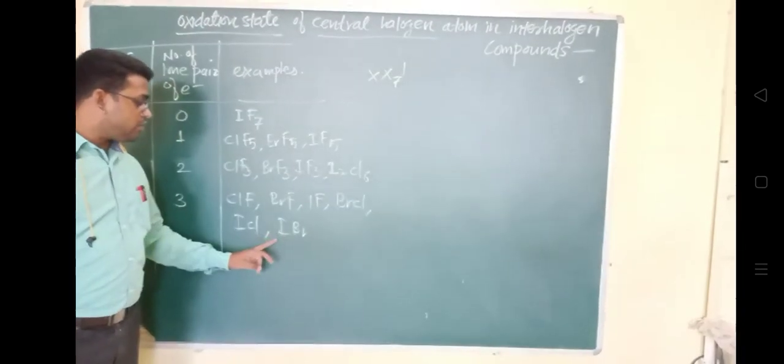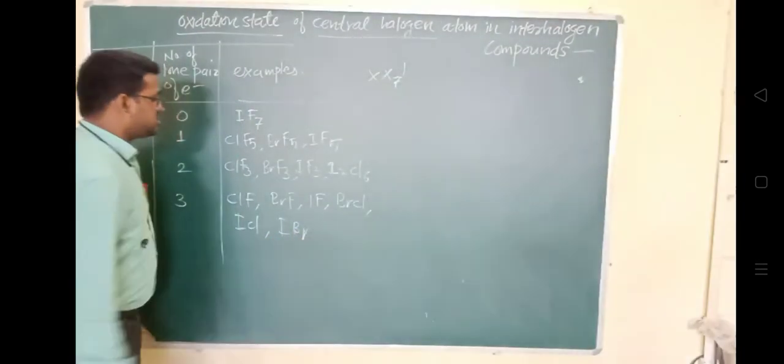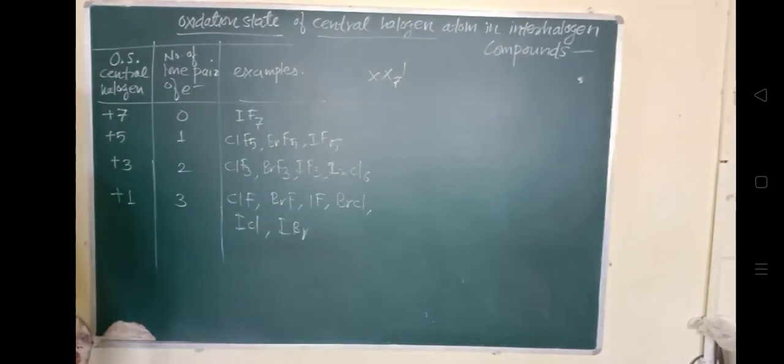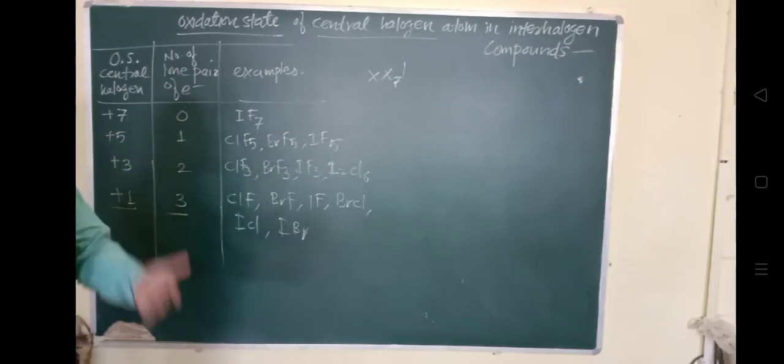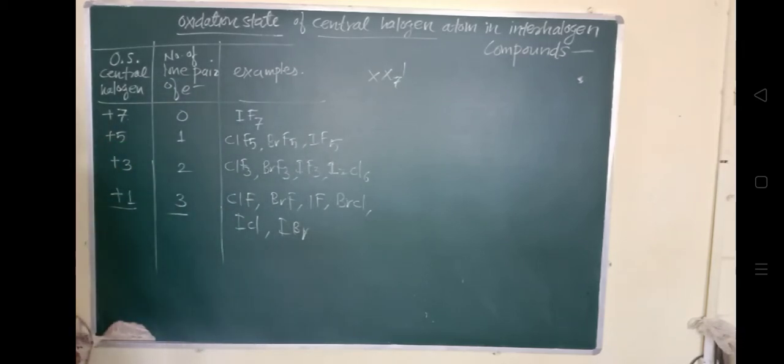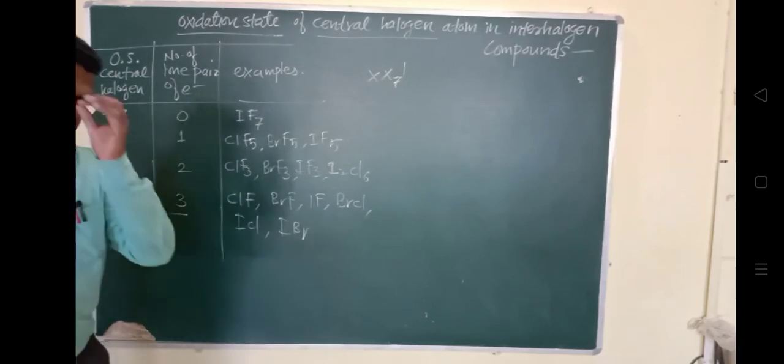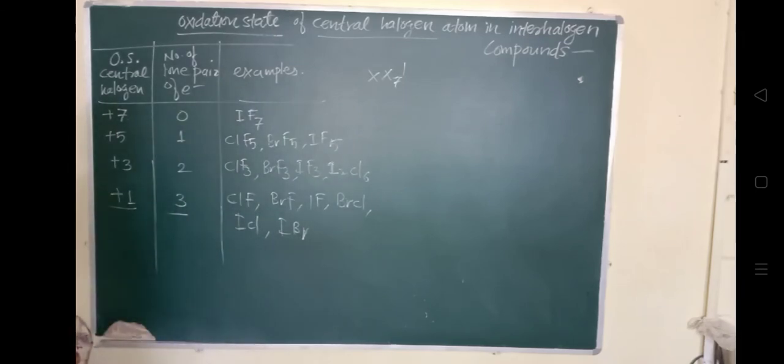So now we'll see some compounds of xenon. Xenon is a group 18 element.